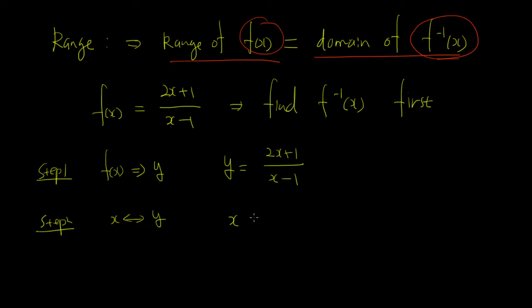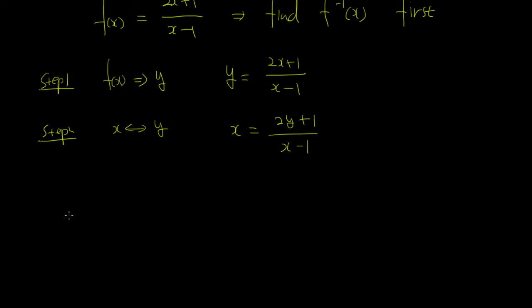So it'll be x equals (2y + 1) over (y - 1). Now step 3, solve for y. You know what? That should be 2y. Sorry about this, because we are changing this y, this y.